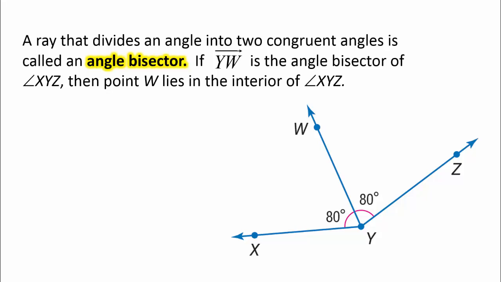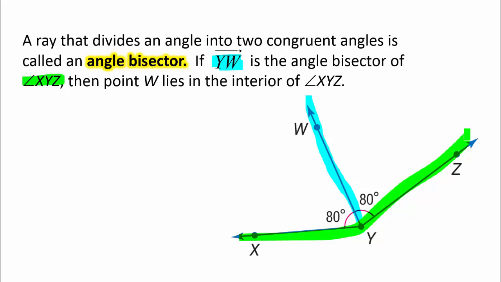A ray that divides an angle into two congruent angles is called an angle bisector. If ray YW is the angle bisector of angle XYZ, then point W lies on the interior of angle XYZ.